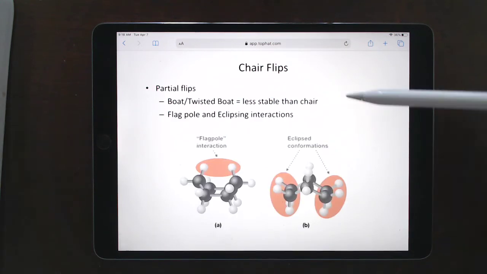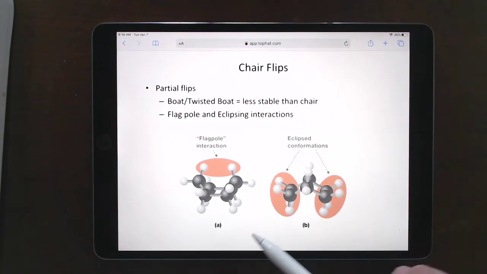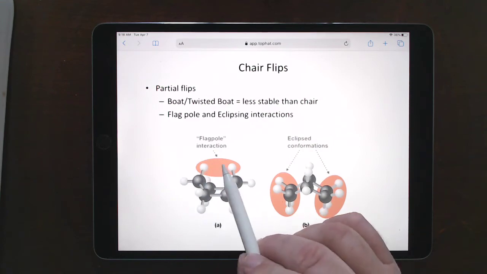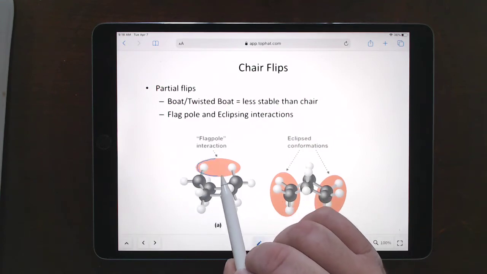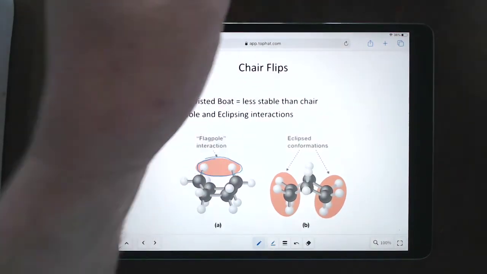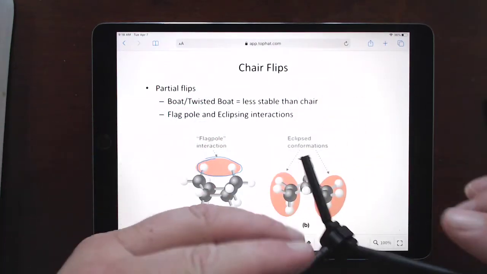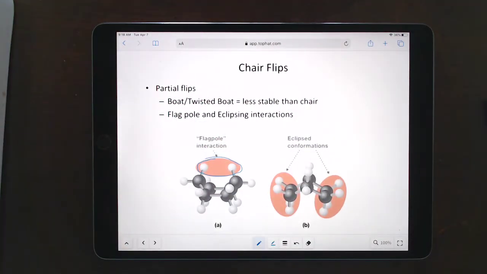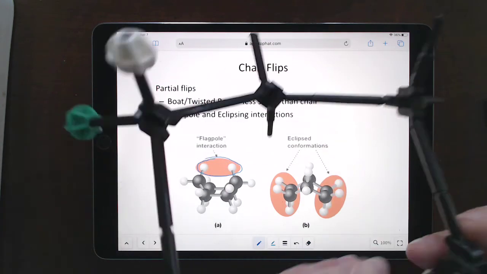Now you can get partial flips, so only one side has been flipped up. When that happens, you get what are called flagpole interactions. Let's see if I can show you this in a nice way.